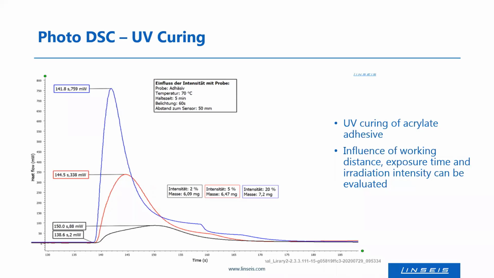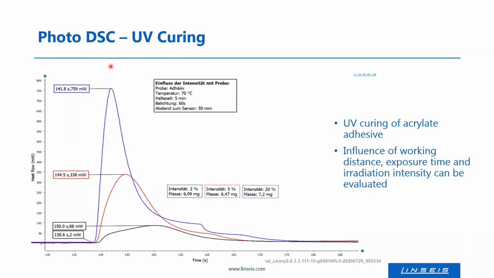But I have to say that the dielectrical analysis is or would be the better choice, because with the DSC, you are measuring the heat at the end of the day. And as soon as you bring in UV light, you bring in heat with that UV light.